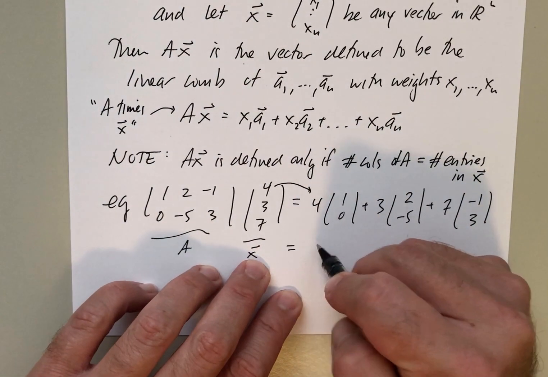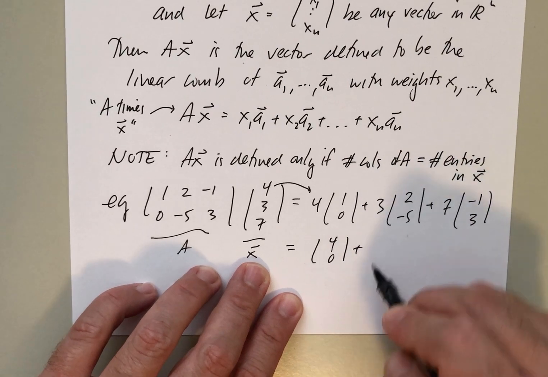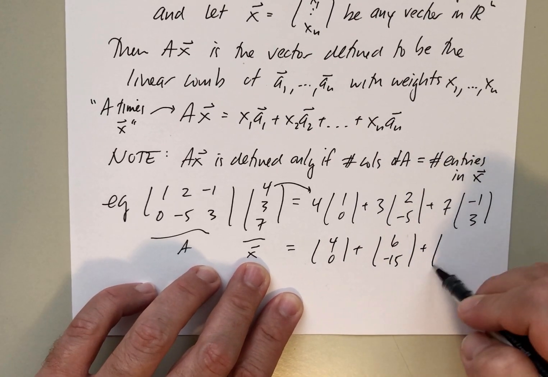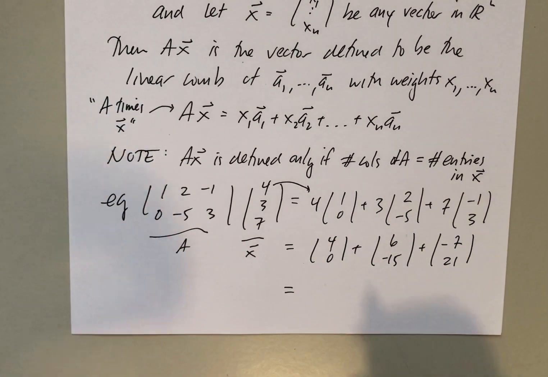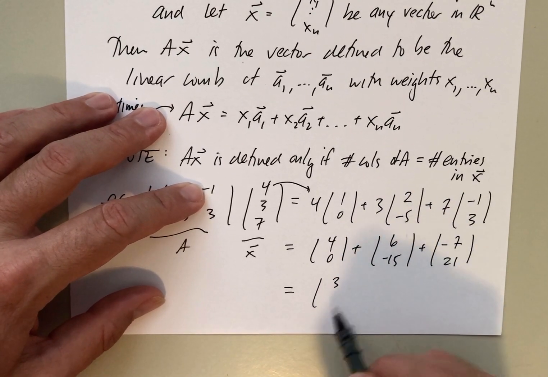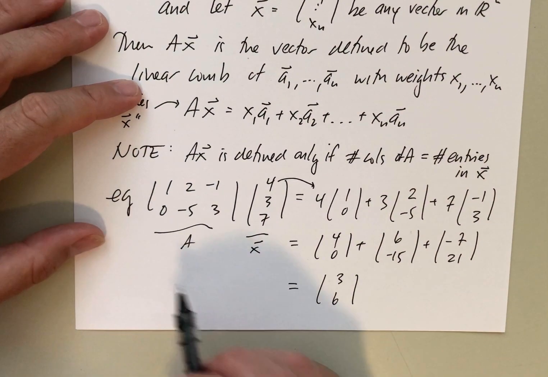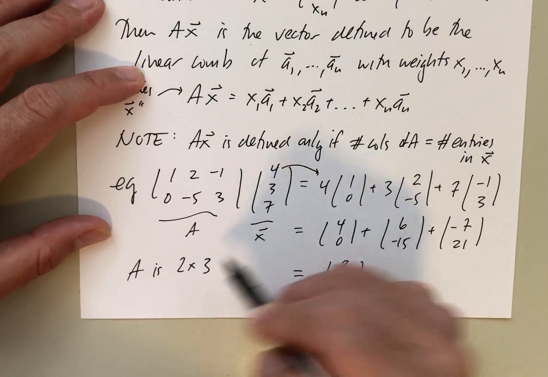I just do this, and I consider this linear combination. Let's actually solve this. So this is going to be, as you know, 4 times (1, 0) is (4, 0). 3 times (2, -5) is (6, -15), plus -7 times (3, -3), which is (-21, 21). And then I add all those together, and I get, let's see, 10 minus 21 is -11... and then 6 is my second entry. So notice that A was a 2 by 3 matrix.